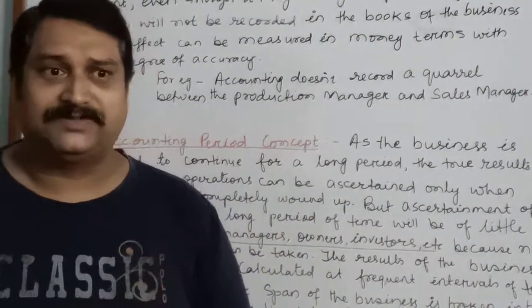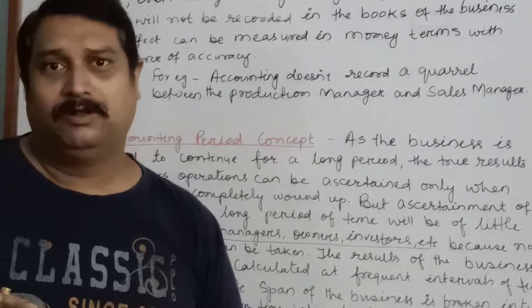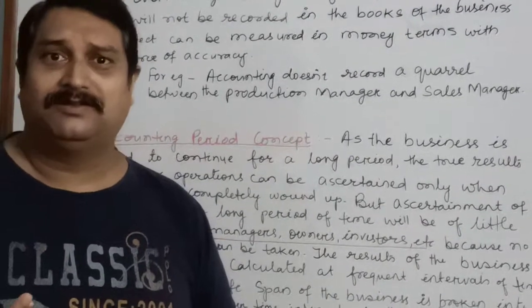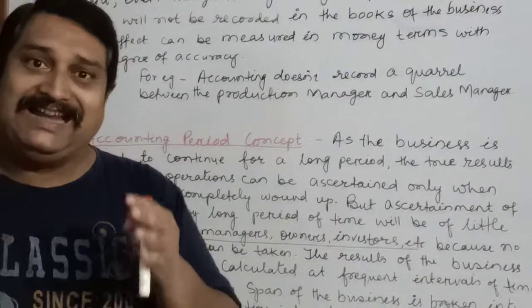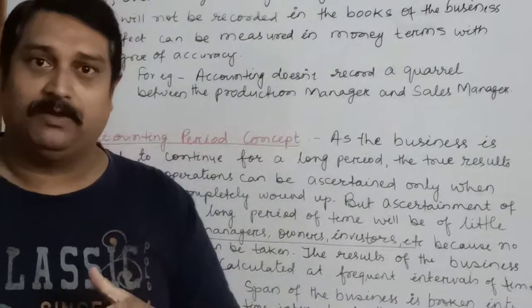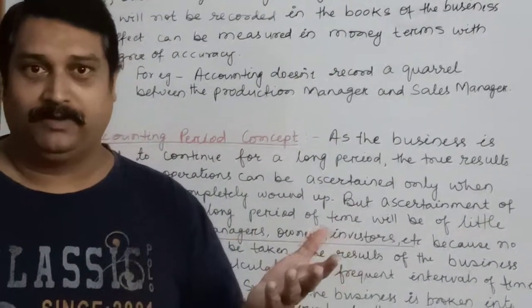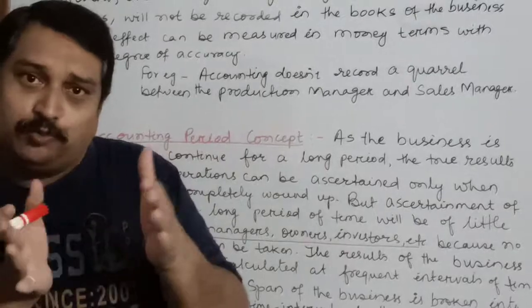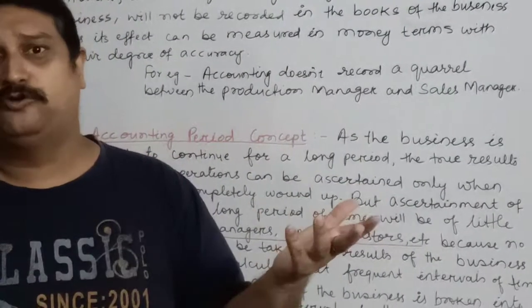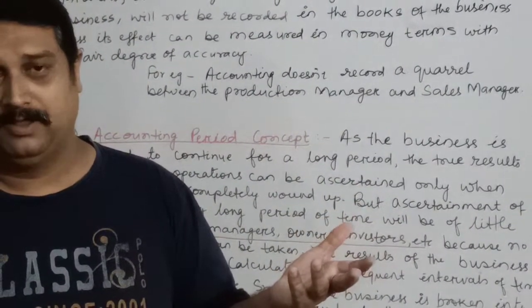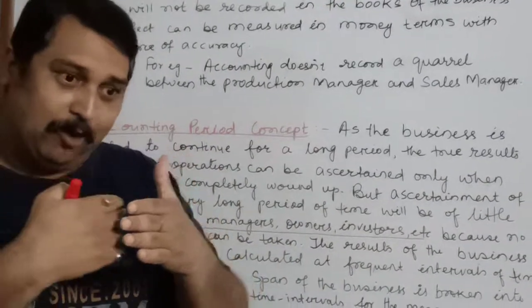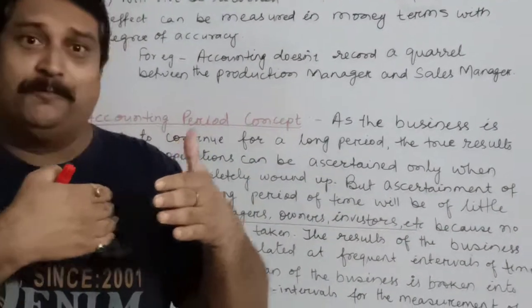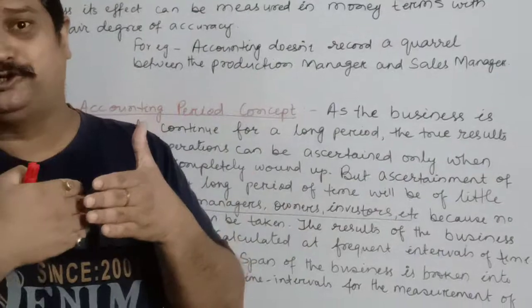Suppose this month you were in a loss, so you took certain steps. Now that step will take some time to give you profit. But if the time interval is too small, you will not be able to measure your correct profit. So the accounting period should neither be too long nor too short.